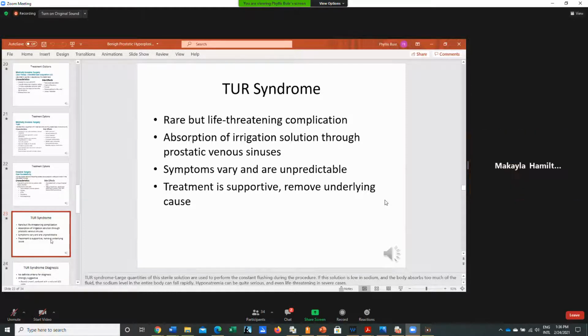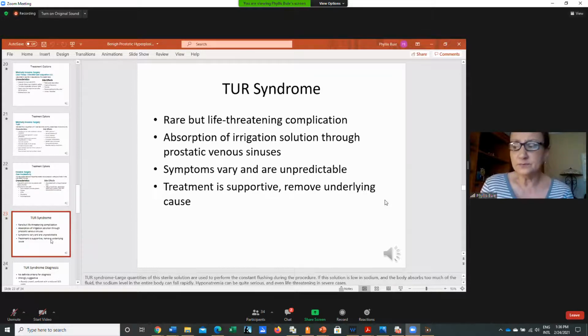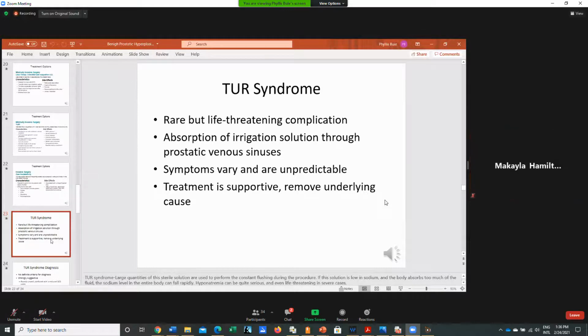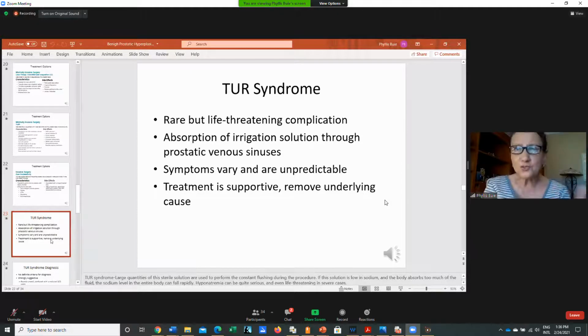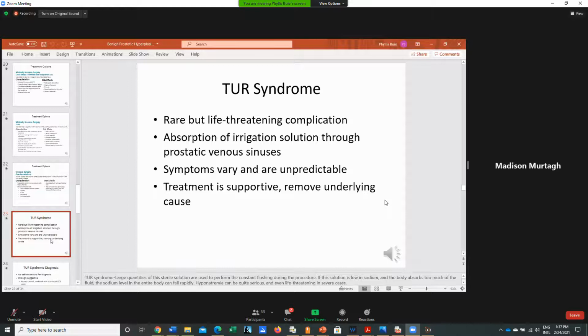And this solution is typically low in sodium. So what happens is the body absorbs a lot of this fluid, causing the overall sodium in the body to drop. Does that make sense? Yes? No? Yes. Okay. All right.